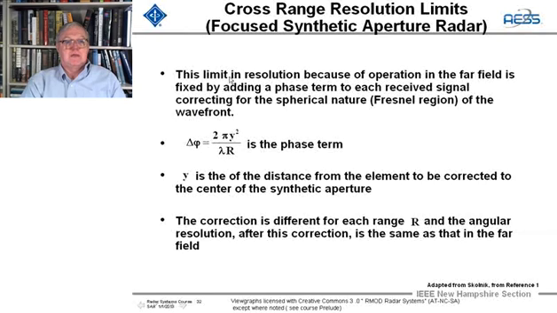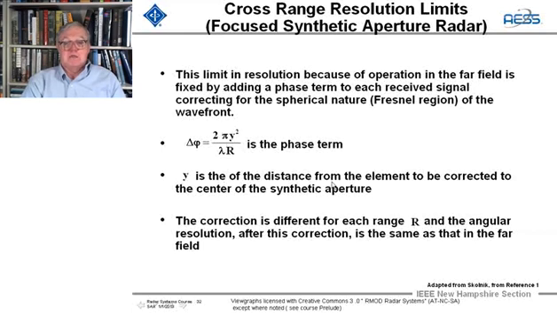And this limit in resolution is because we're operating in the far field, and it's fixed by adding a phase term to each received signal, correcting for the spherical nature, or the Fresnel region, of the wavefront. And here is the phase term that's added, and these have all been defined.